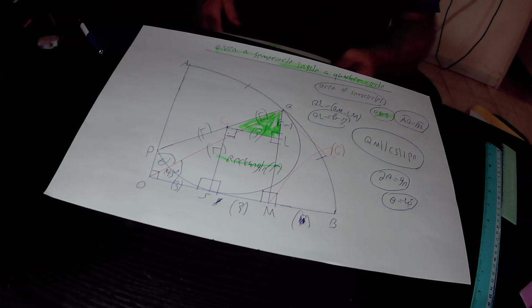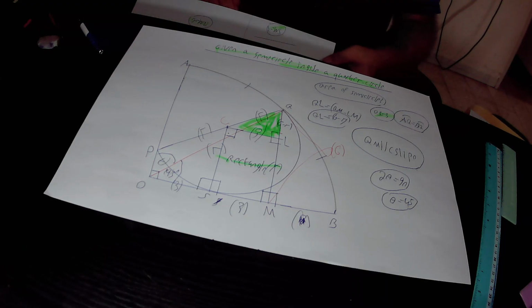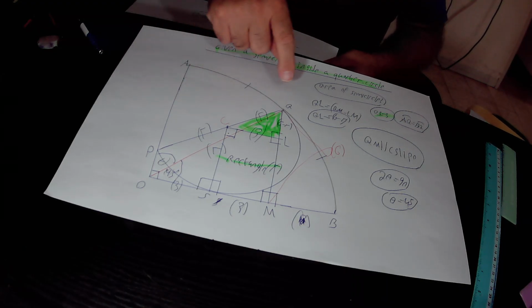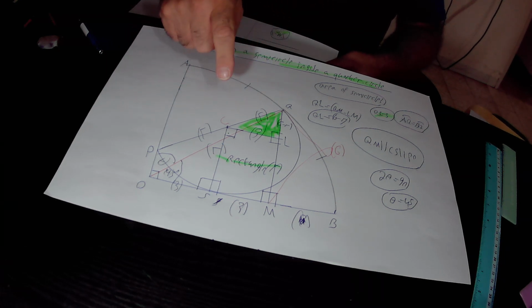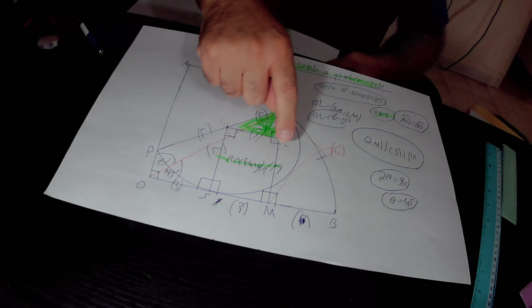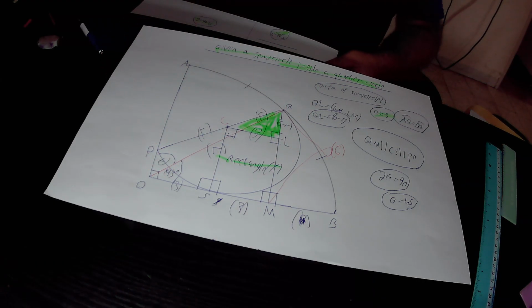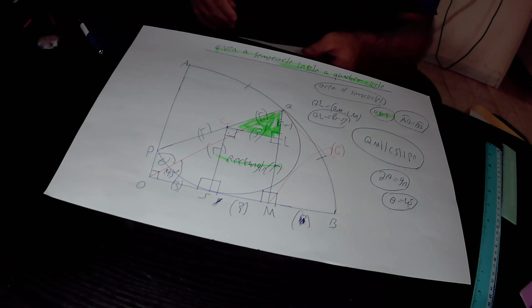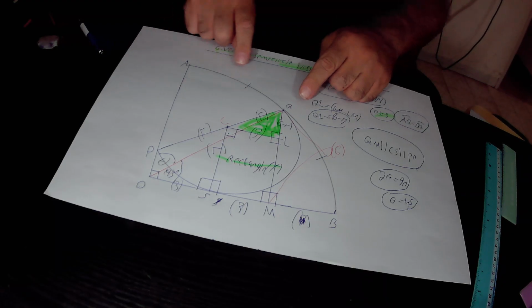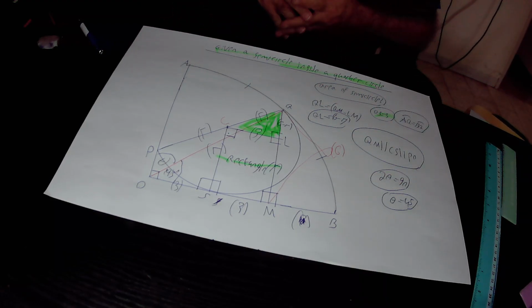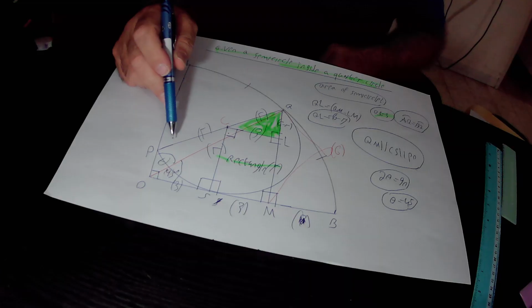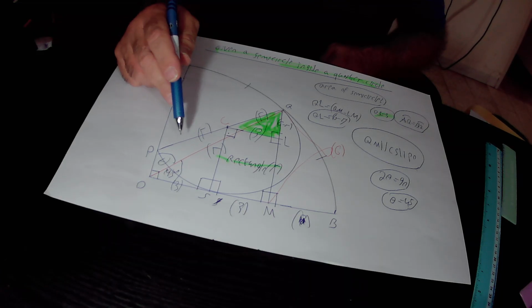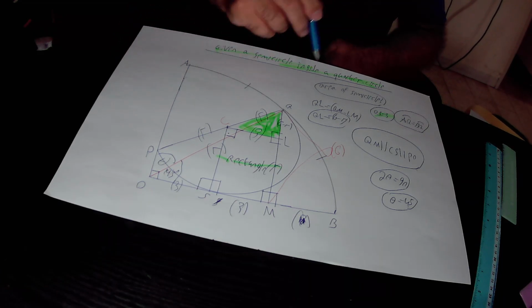In the next step, we join points O and Q together by a straight line. By joining points O and Q, we get the right triangle OMQ. We know that arc AQ equals arc QB in size. This is the angle POQ that's subtended on arc AQ.